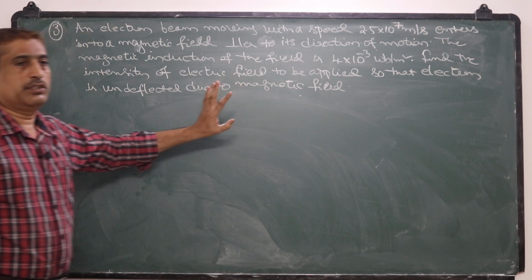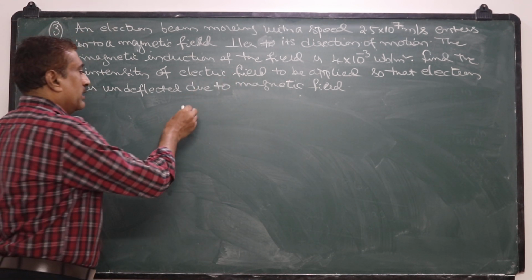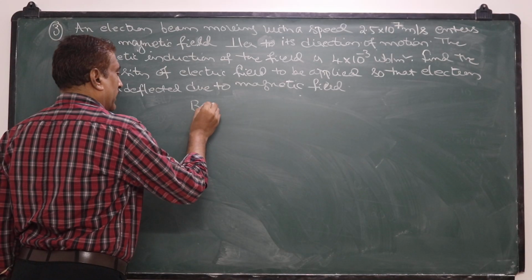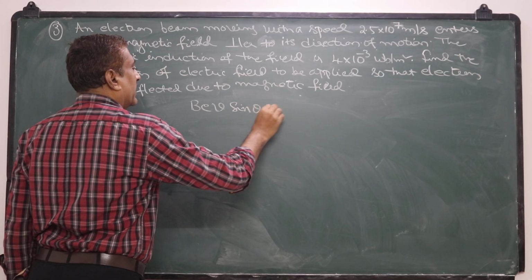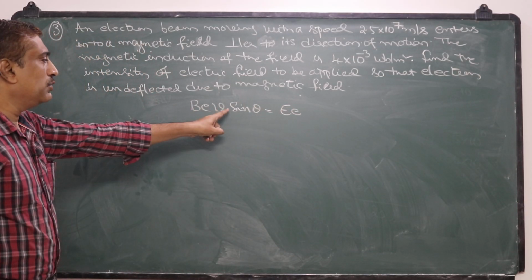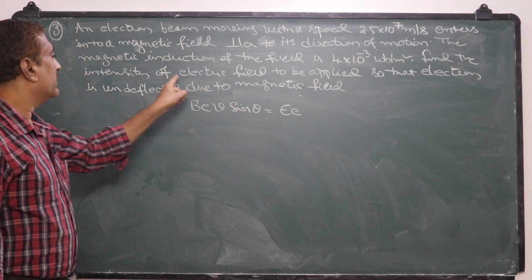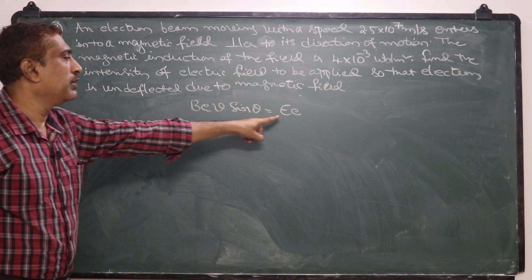That means the forces due to magnetic field and electric field are equal. Actually, force in magnetic field is BEV sin theta, and that equals E into E. When these two forces balance each other, this electron beam will be undeflected. So these two are to be equal.